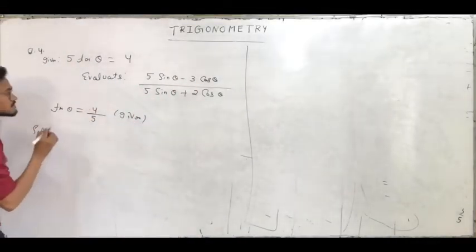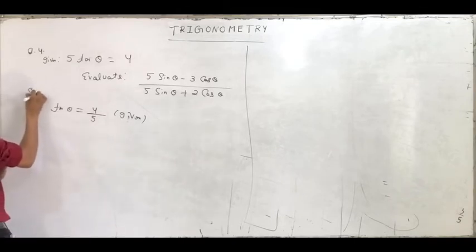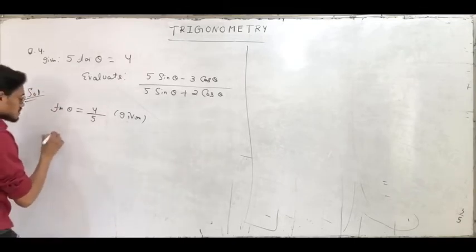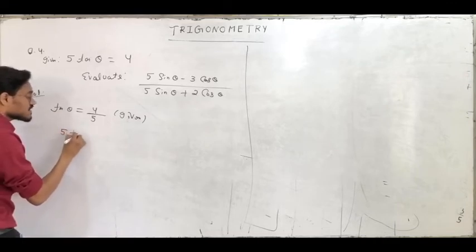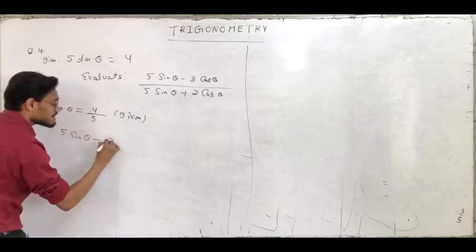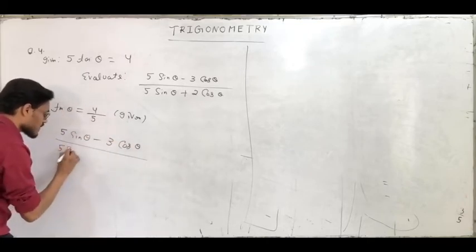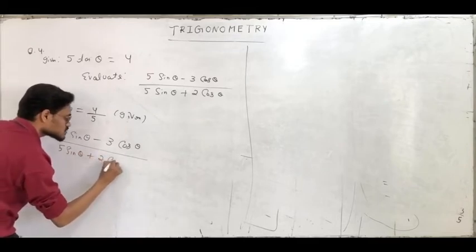Solution. We have already started. Now we have to calculate 5 sin theta minus 3 cos theta upon 5 sin theta plus 2 cos theta.